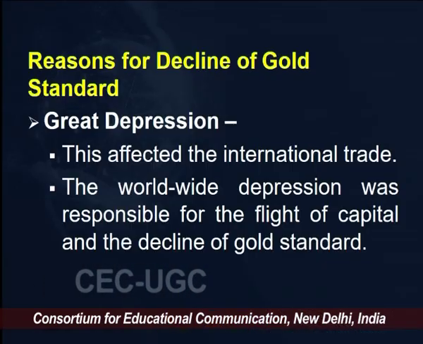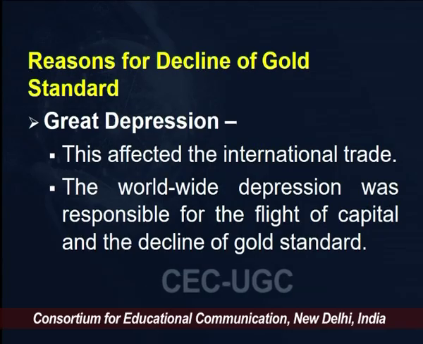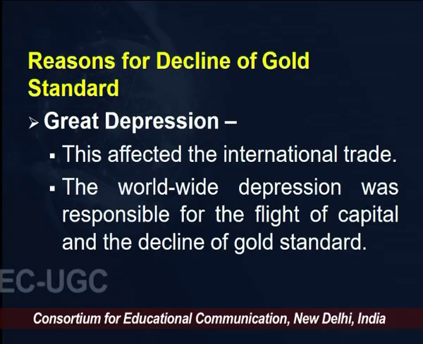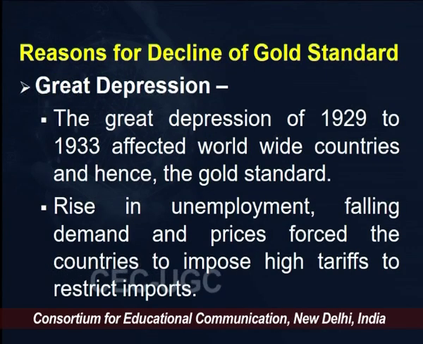The Great Depression is another great reason for the decline of the gold standard. Because this affected international trade, the worldwide depression was responsible for flight of capital and the decline of the gold standard. The Great Depression of 1929 to 33 affected countries worldwide and hence the gold standard also. Rise in unemployment, falling demand and prices forced the countries to impose high tariffs to restrict imports.